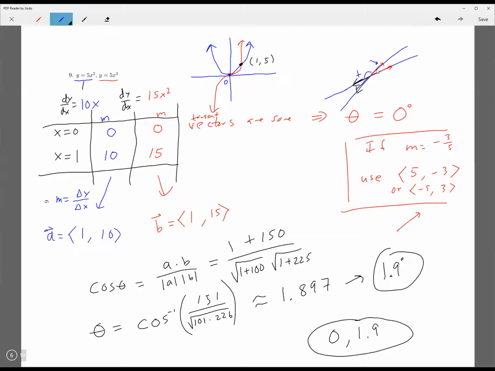But you want the acute angle, which is this angle, the same as that one. So that's how you have to work things out.